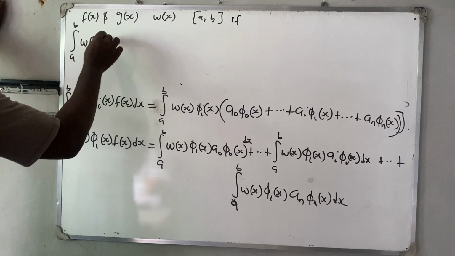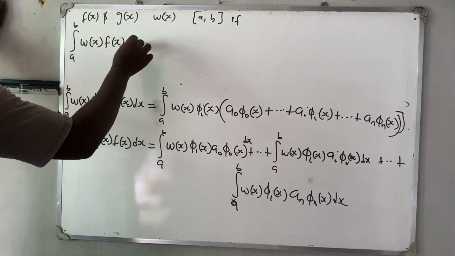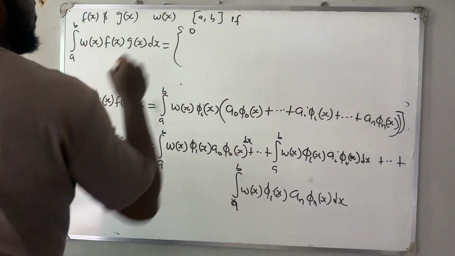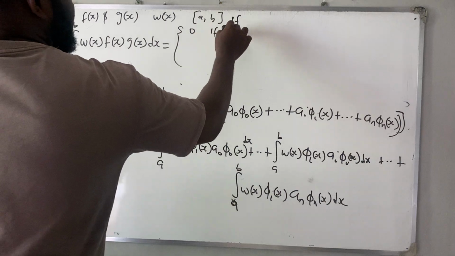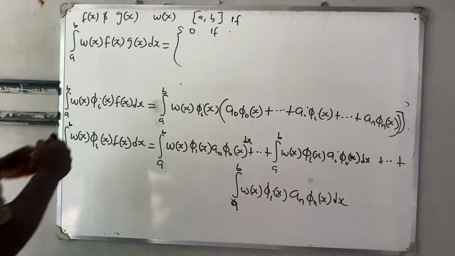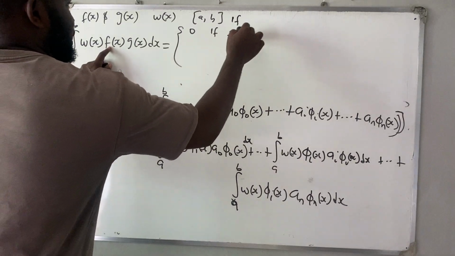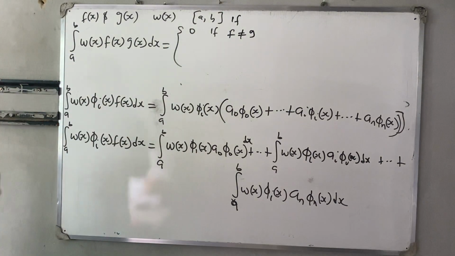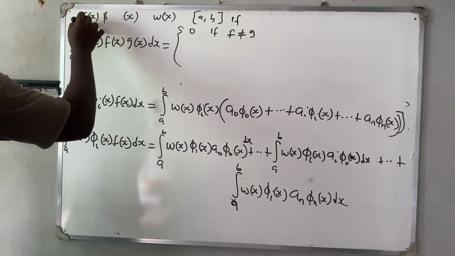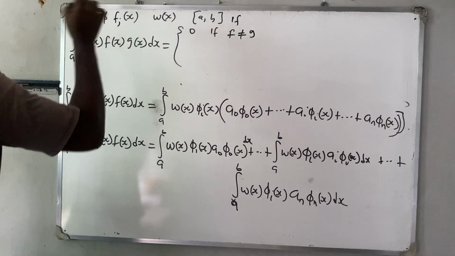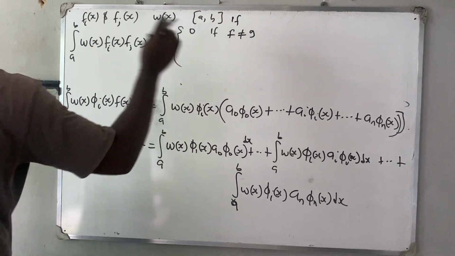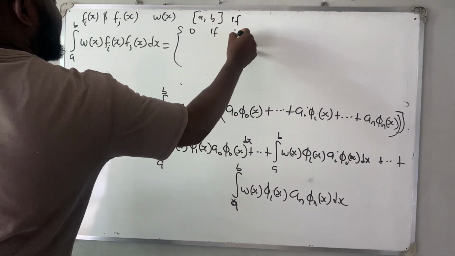The weight function first, then f of x, g of x, dx will be equal to 0 if, let me call them f_i and f_j, if i is not equal to j.